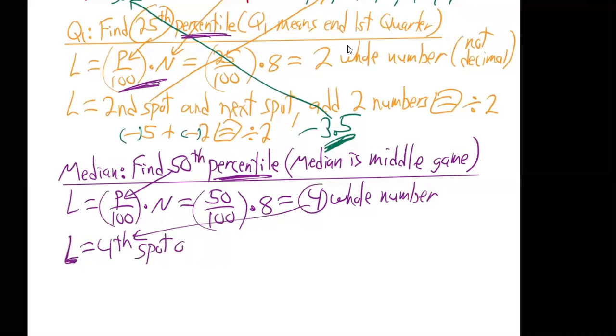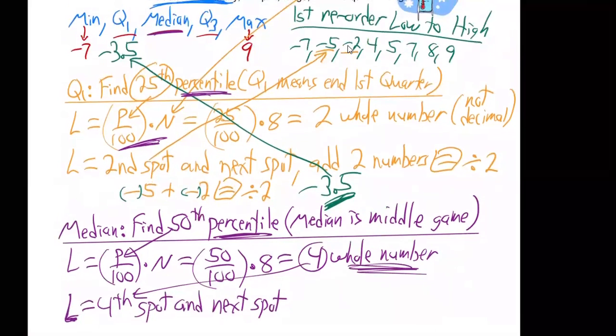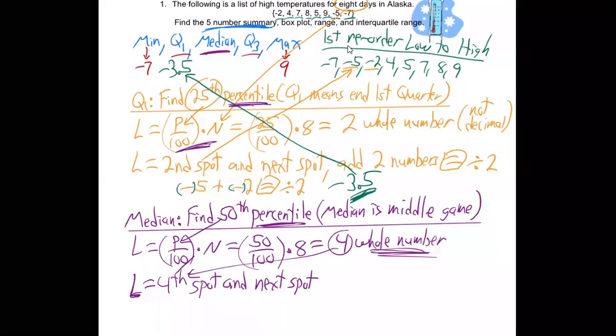So grab the 4th spot and the next spot. Remember how we always do this when we get a whole number, we go back to our data list that we had reordered from low to high, and grab the number in the 4th spot, which happens to be a 4, and the next spot. That's 4 and 5. Add them, hit equals, and divide by 2.